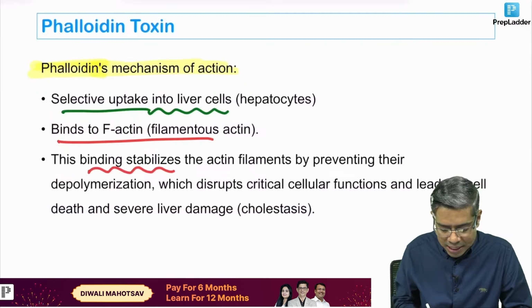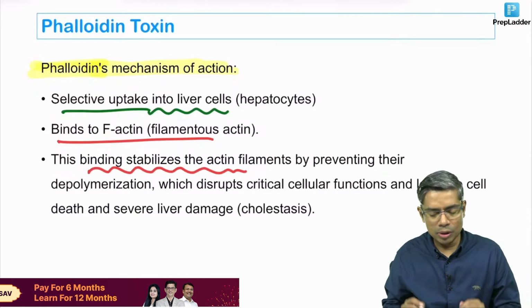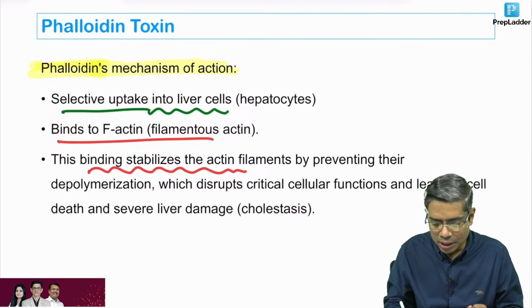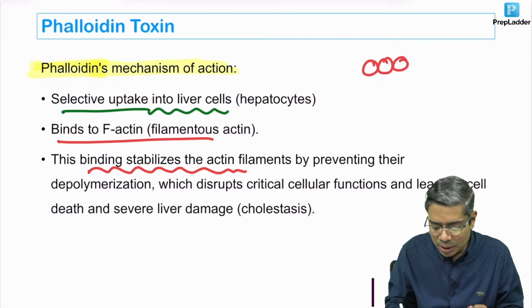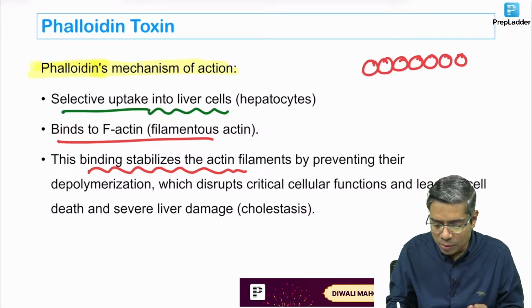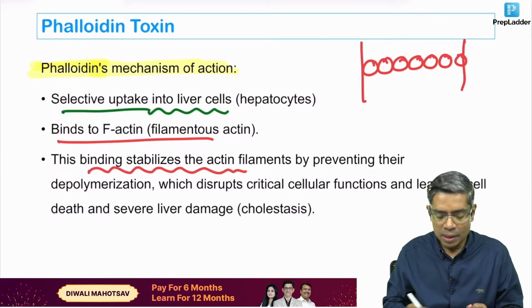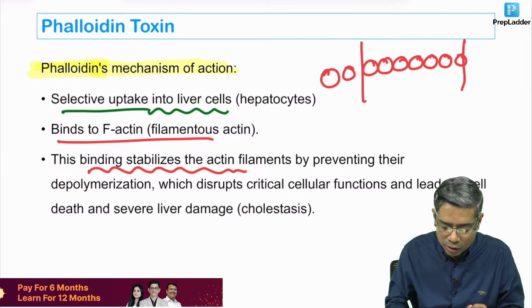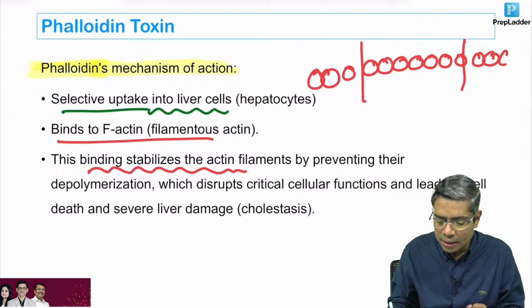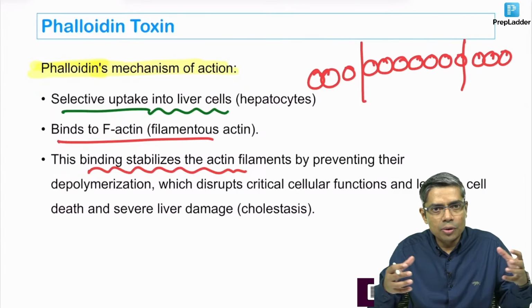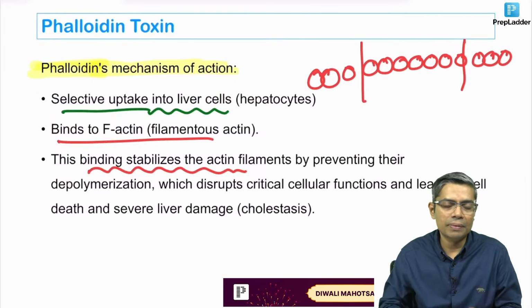After binding, it stabilizes the actin molecule. Actin is a kind of dynamic cytoskeleton, as I just told. There will be multiple polymerizations of G-actin, because of which F-actin will be formed. Whenever you stabilize the molecule, there will not be any further growth of the actin. And if the cell is growing but the filament is not growing, then what will happen?